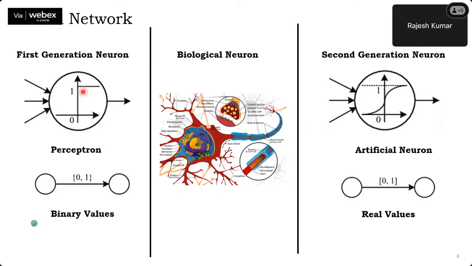So people shifted to the second generation of neurons, where instead of taking this hard one, they take a function which is continuous and also bounded, so that we have better results. We have non-linear mapping and a bounded weighted solution, so it's not like a weight explosion kind of setup.